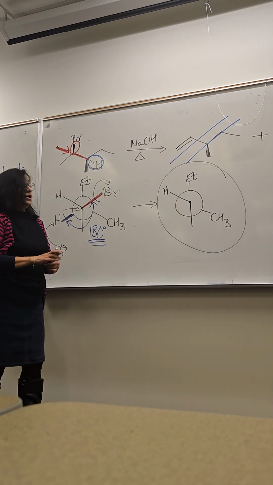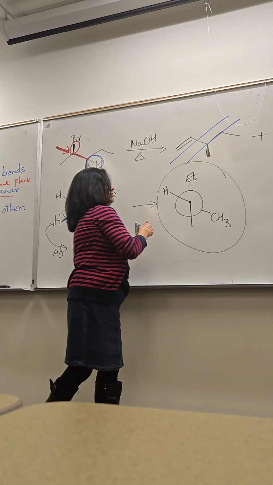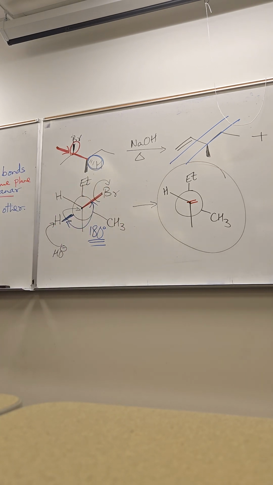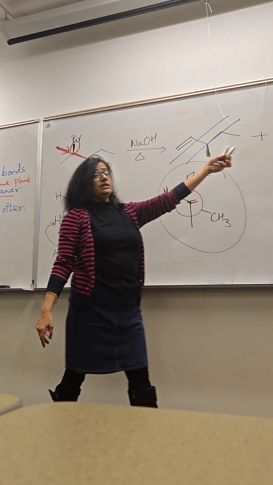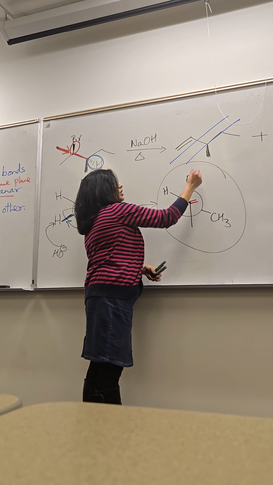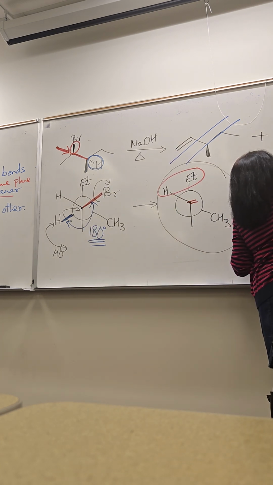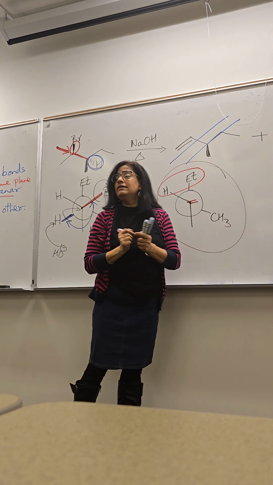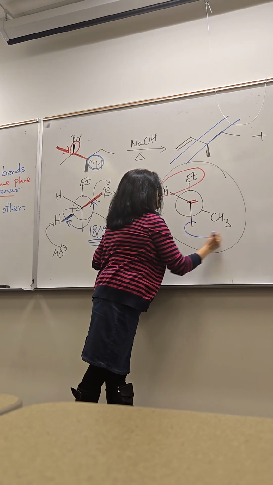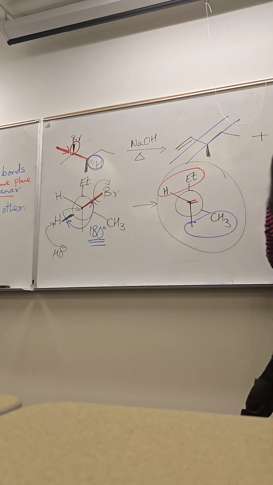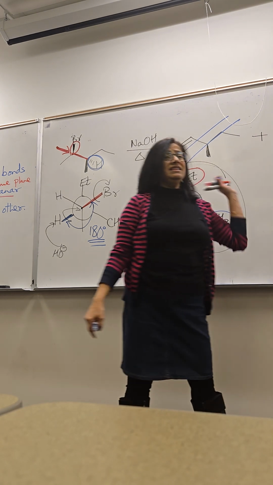Your double bond is between the front and the back carbon, which of course we can't see because we're looking right through it. The first product, because H and ethyl are on the same side. Do you guys see that? And methyl and methyl on the same side of the double bond. This product is not possible in this example.